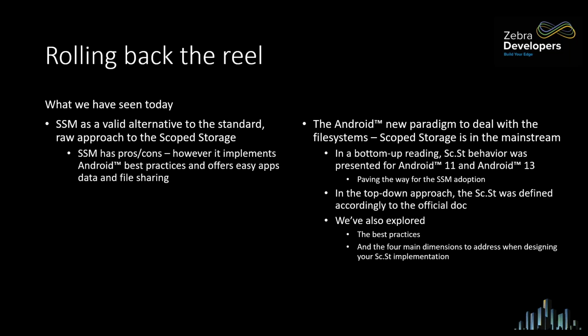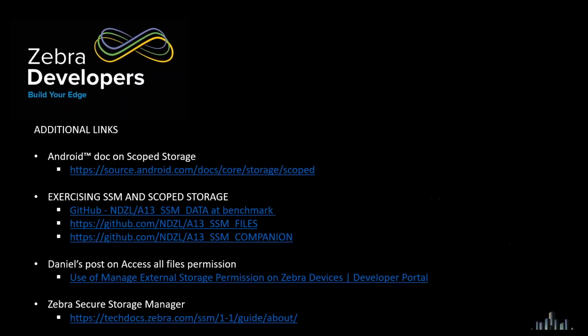And in the beginning, we have seen the top-down approach to the scope storage as it is defined according to the official documentation from Android. We have seen some best practices and the 4 main dimensions to address when you are designing your application and want to comply with the new rules of the scope storage.